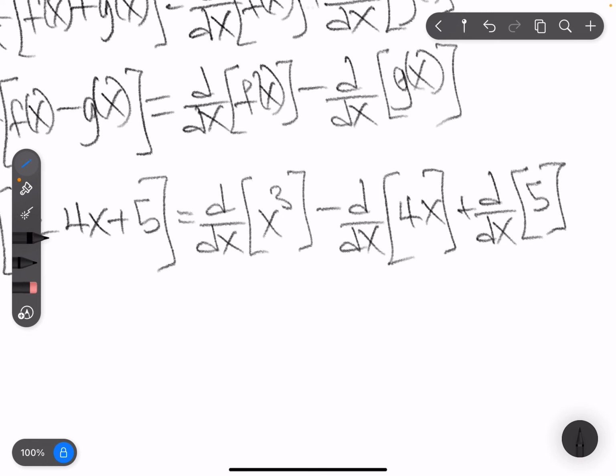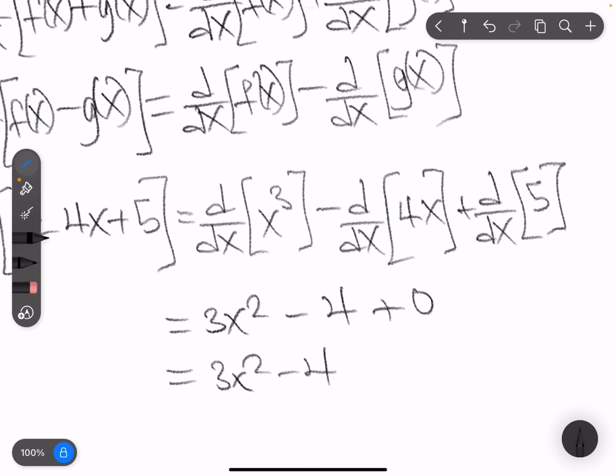Often, again, we don't explicitly write this out, but it's great to think about this when we're first learning. This is going to be 3x squared minus 4 plus 0. So we obtain 3x squared minus 4. Lovely.